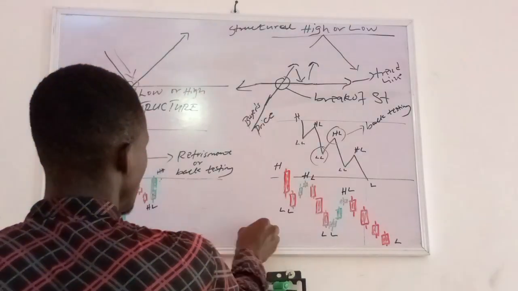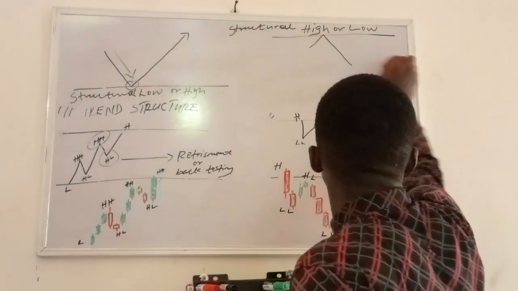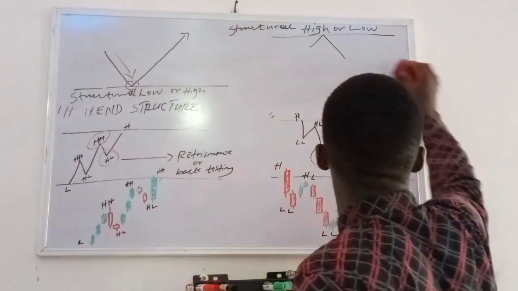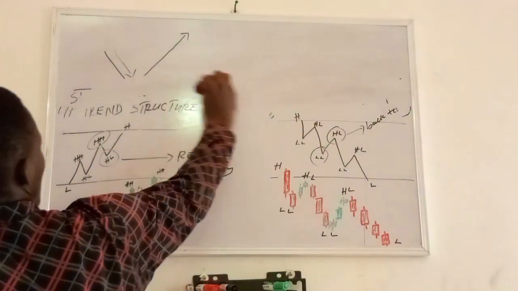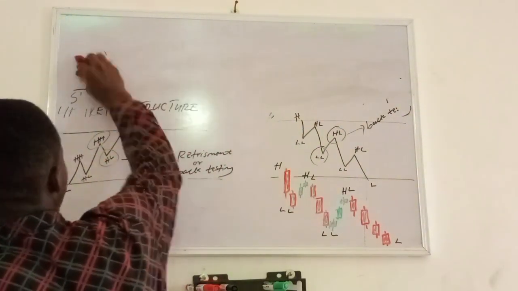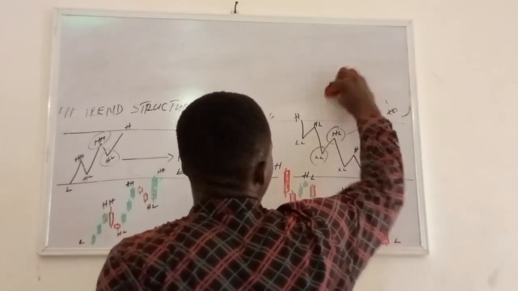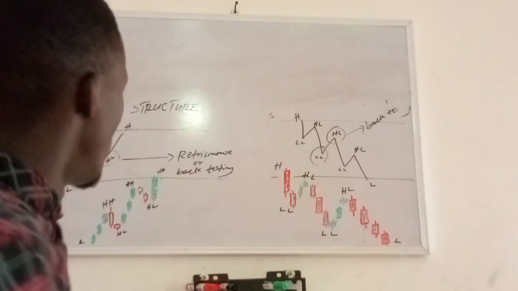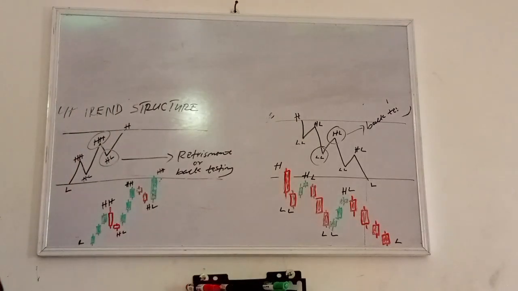So when you look into your chart, I'm cleaning this so that it will not be confusing, because the board is very small. So now, in this scenario, this is the chart.